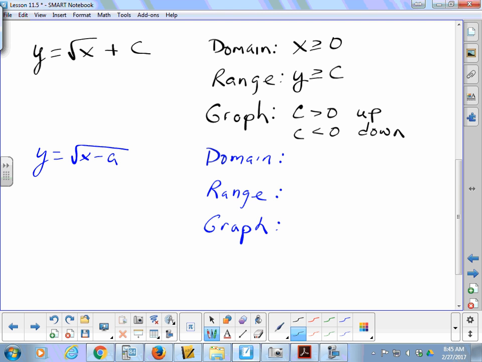So the domain is x is greater than or equal to the value of a.